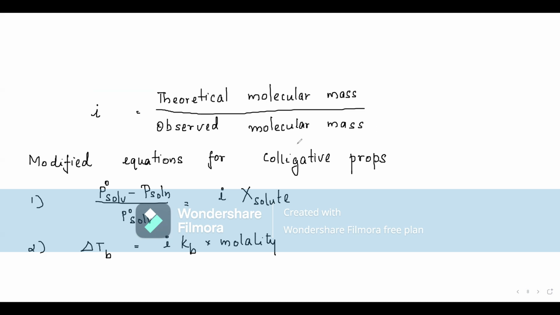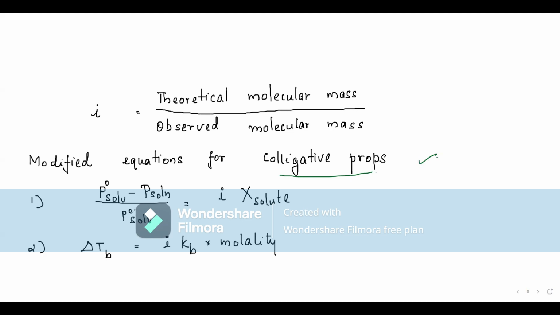So both these relations are very important. You need to learn both those relations. Now, using Van Hoff factor, all the formulae or all the equations for colligative property can be modified.